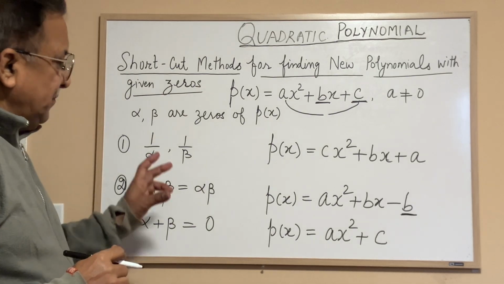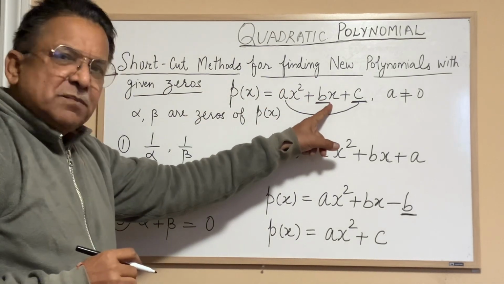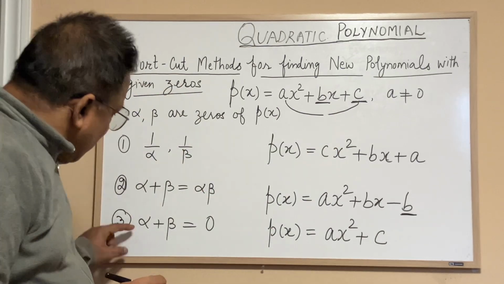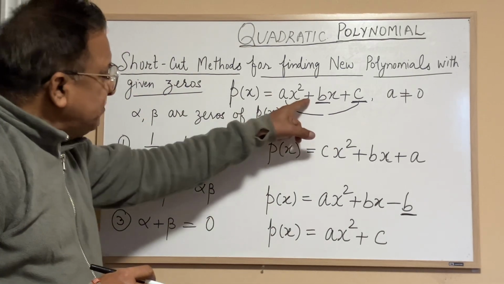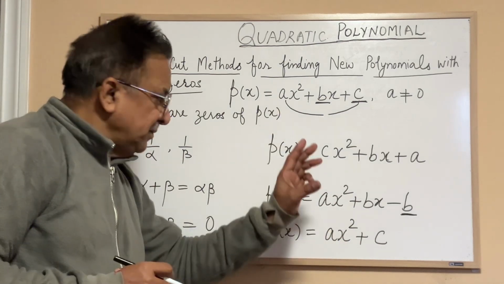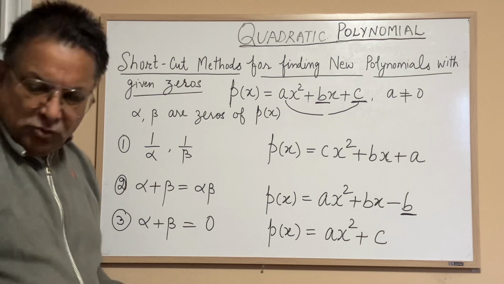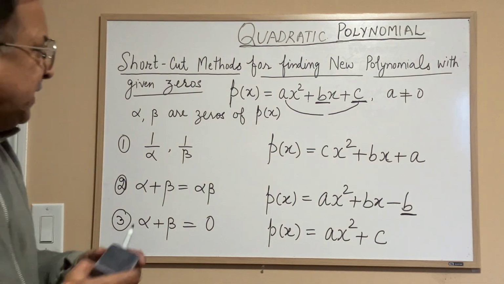Be careful, when the x term is missing, it is clear that the sum of zeros of the given polynomial is equal to 0. Now we come to how we can see the product.